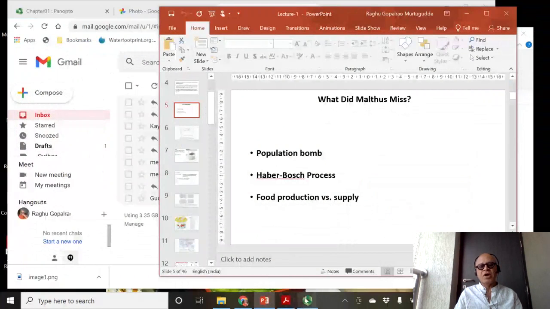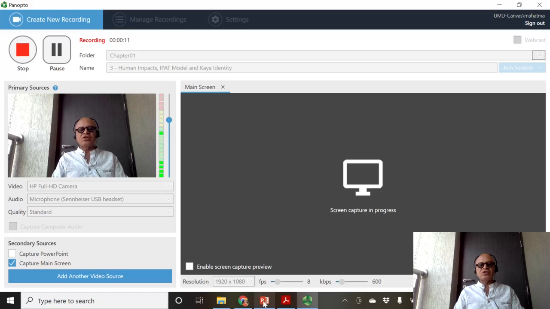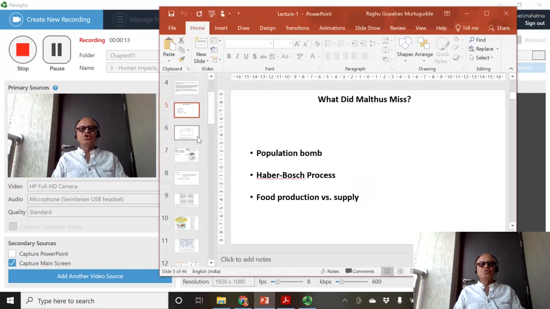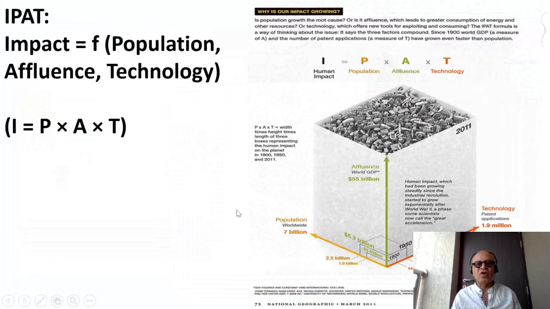Of course, we are worrying about human activities and solutions, global change science for solutions in the context of these human impacts, right? So very early on, there was the idea of the IPAT model to quantify human impacts on the environment, and it was considered as a function of population affluence.